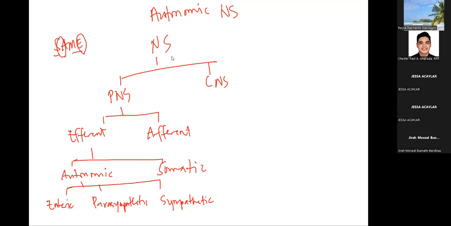So, syempre, our sympa is largely governed by the norepinephrine in the postganglionic, yung ikalawang neuron na yan, terminating to the different organs in the body. And si parasympa is largely governed by our acetylcholine.